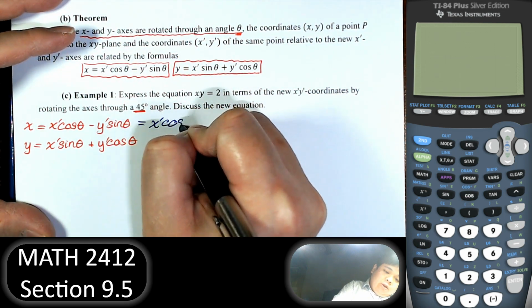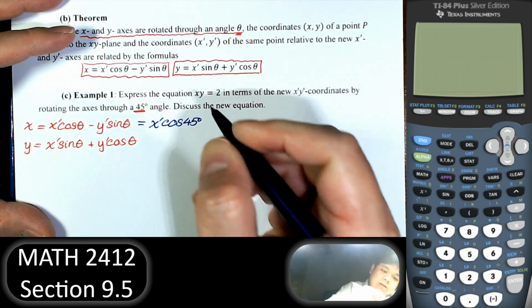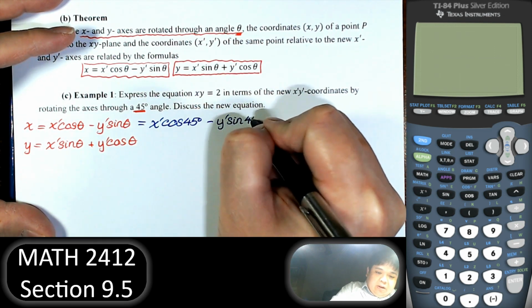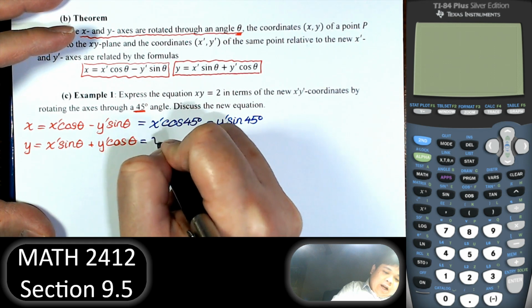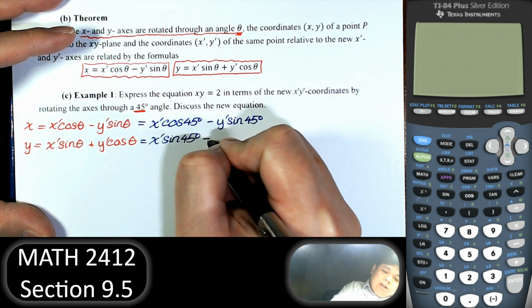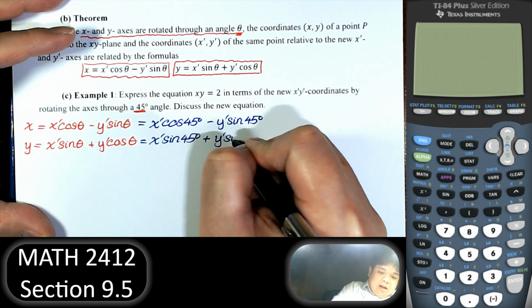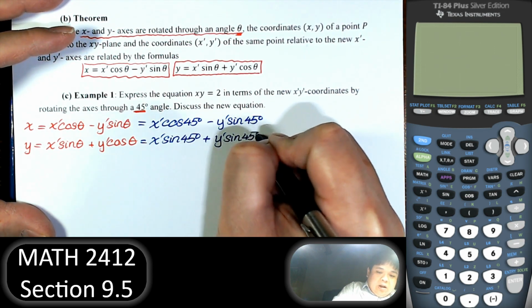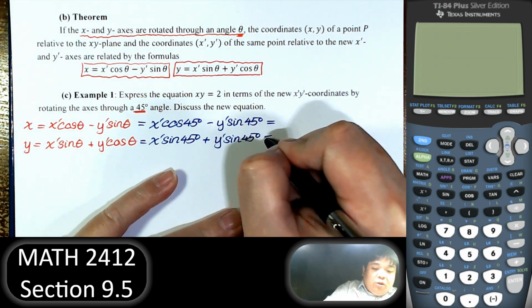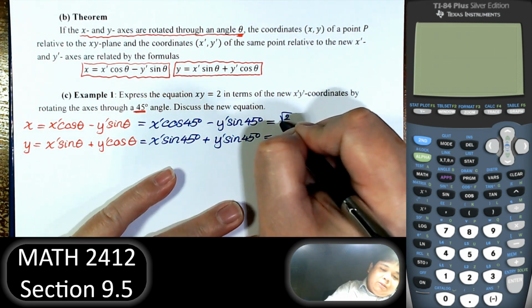We have x prime cosine 45 degrees minus y prime sine of 45 degrees, and x prime sine of 45 degrees plus y prime cosine of 45 degrees. For 45 degrees, either sine or cosine, both of them are square root of 2 over 2.